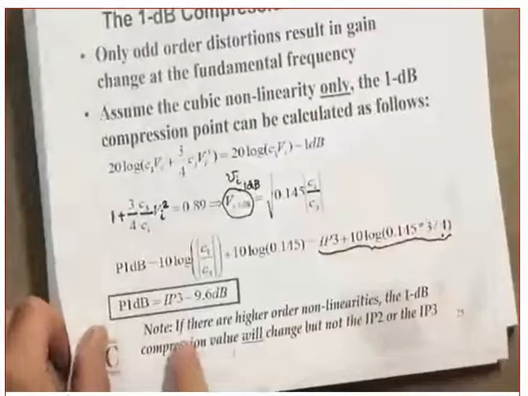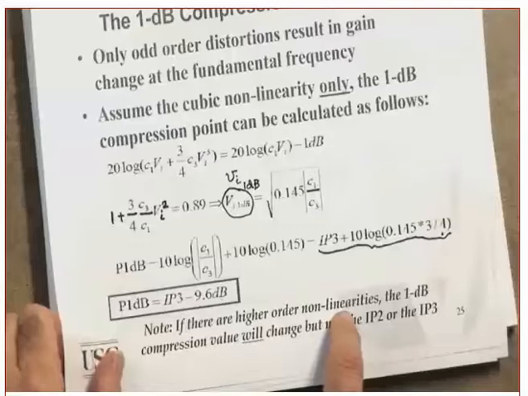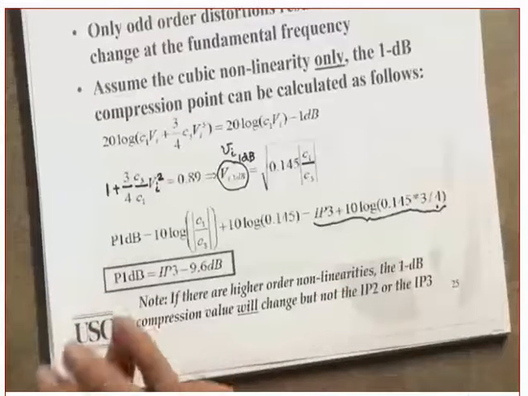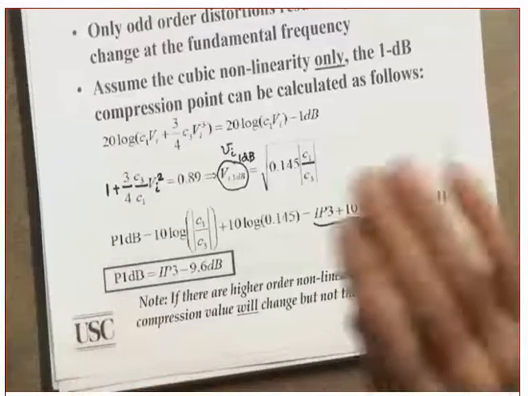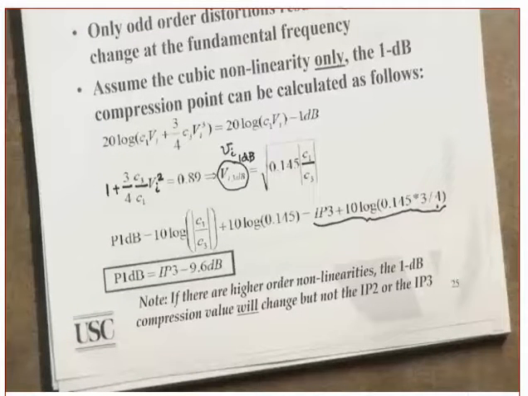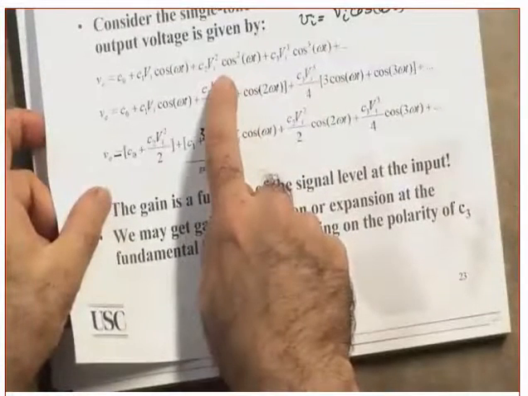Notice, by the way, if there is higher order nonlinearity, tell me, will the 1 dB compression change? Why? Because the fundamental will come only from which type of nonlinearity? Does the fundamental come from here?